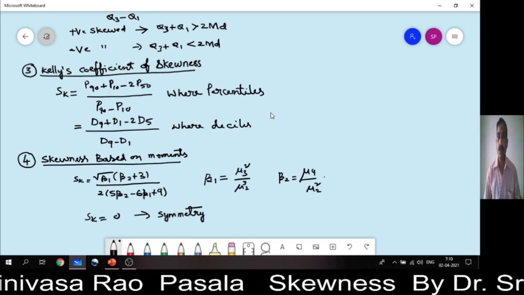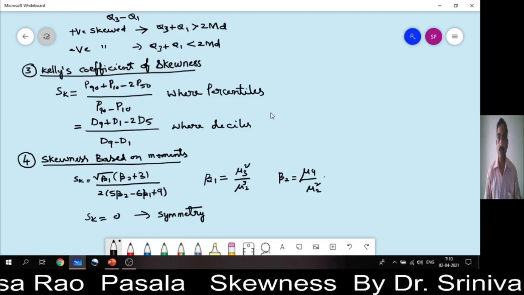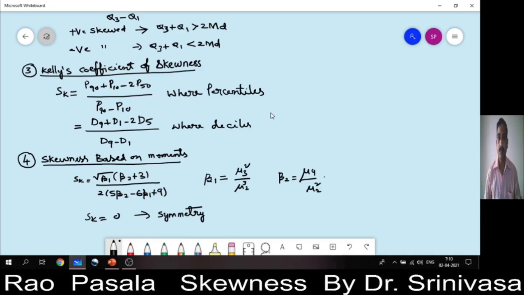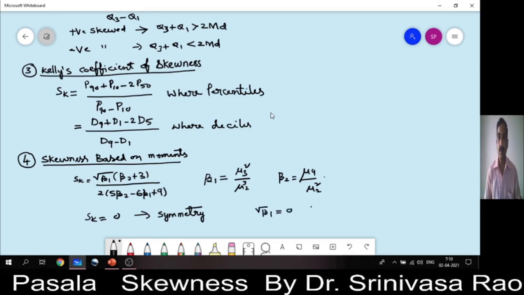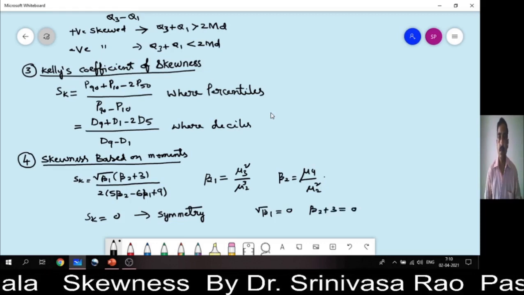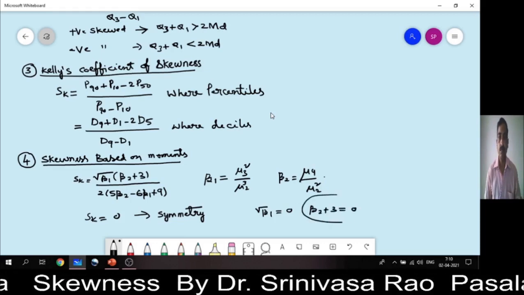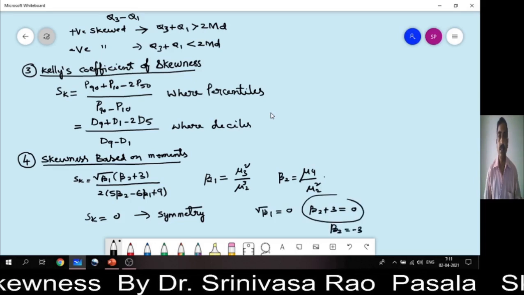If you observe this one, it becomes 0 means either square root of beta 1 equals 0 or beta 2 plus 3 equals 0. The second quantity, beta 2 equals minus 3, would be a negative value.